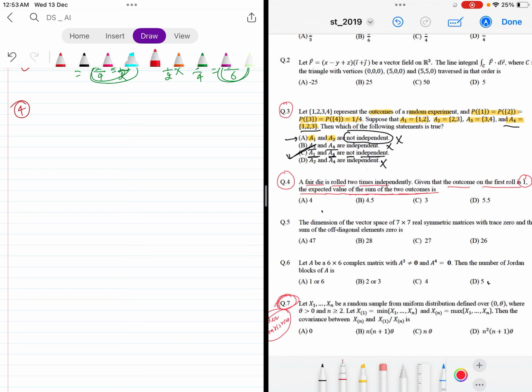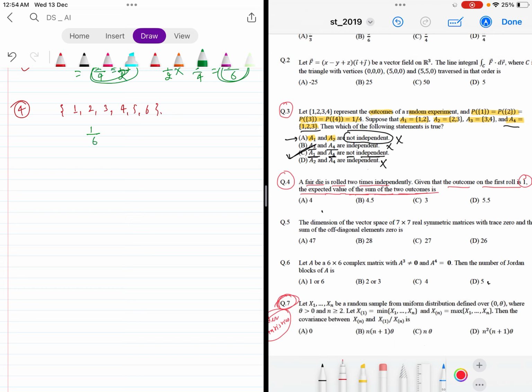Okay, so here the dice is rolled 2 times, right? So the possible outcomes will be 1 2 3 4 5 6. These are the possible outcomes, and since it is a fair dice, they are equally probable, so it will be 1 by 6.